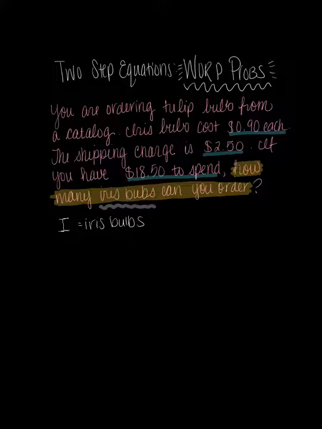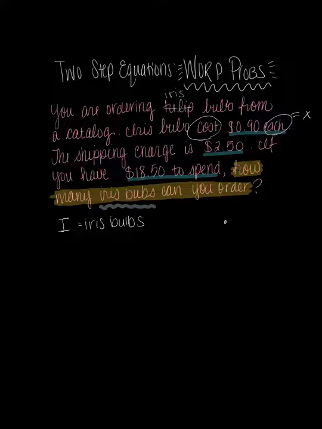I should be ordering iris bulbs, not tulip bulbs. Okay, so iris bulbs, they also cost 90 cents each. When you see the word each, I want you to immediately think multiplication. Okay, so iris bulbs cost 90 cents each.